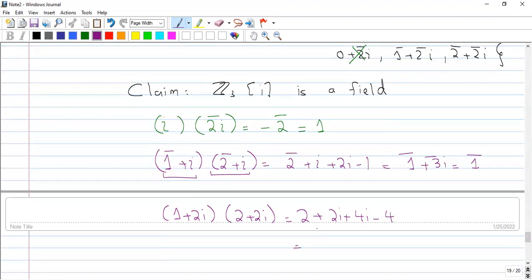So -2 plus 6 iota, 6 iota हमें पता है कि 0 के बराबर है, तो -2 and it is equal to 1. So simple, इतना मुश्किल नहीं है, one can check by hit and trial method.